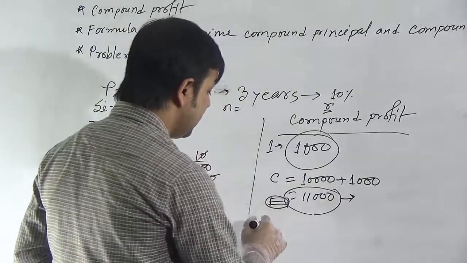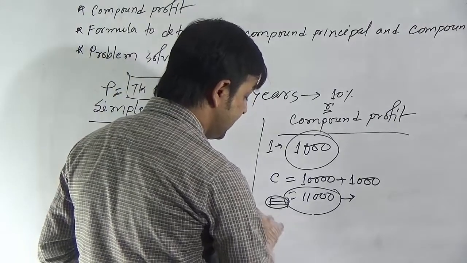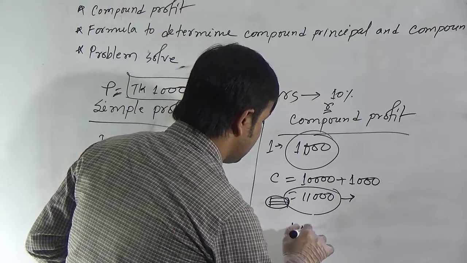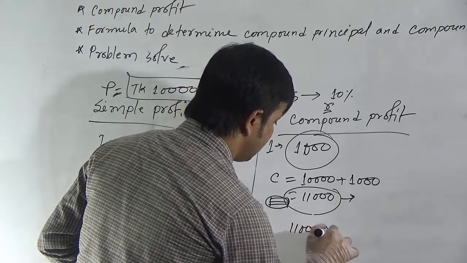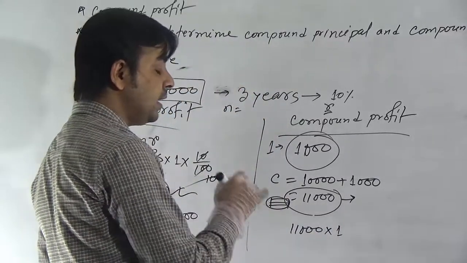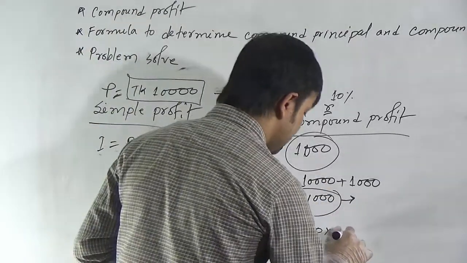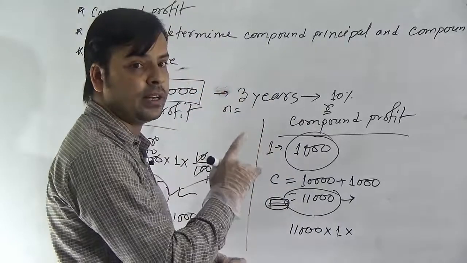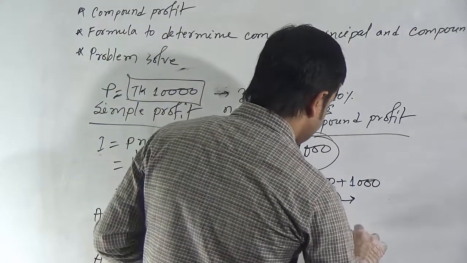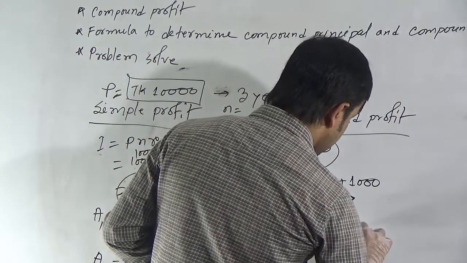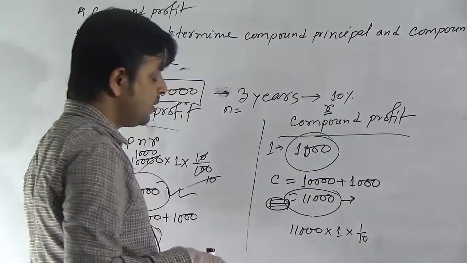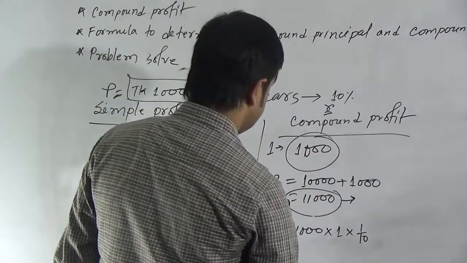So the interest of the second year will be 11,000 multiplied by n, which is 1 here, and rate 1 by 10, as 10% means R is 1 by 10.